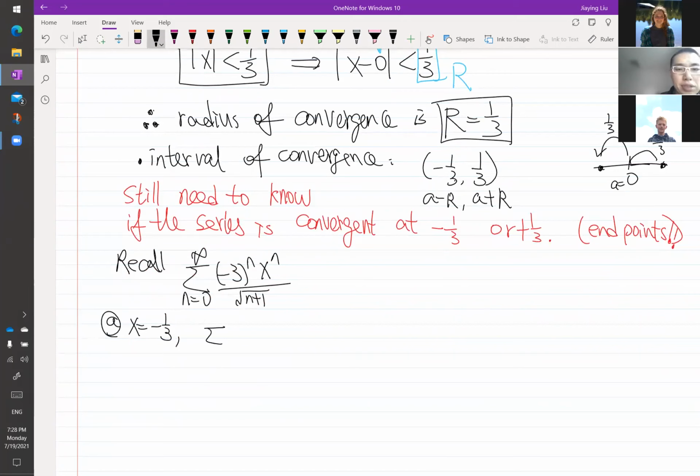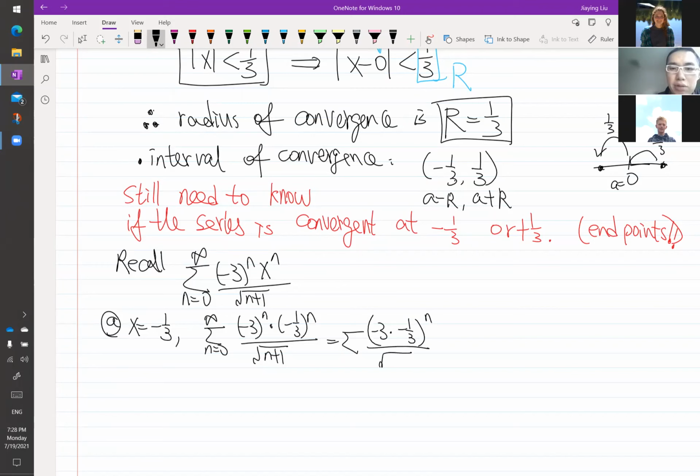The series becomes the sum from n equals 0 to infinity of -3 to the n times negative 1/3 to the n divided by the square root of n plus 1. Then we can combine the numerator because both have the exponent n. So that's -3 times negative 1/3, to the n, divided by the square root of n plus 1. -3 times negative 1/3 is just 1, and 1 to the n is always 1, so just 1 over the square root of n plus 1.